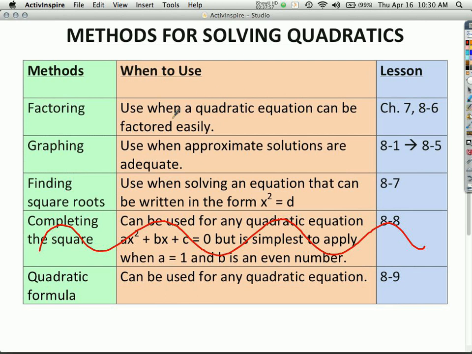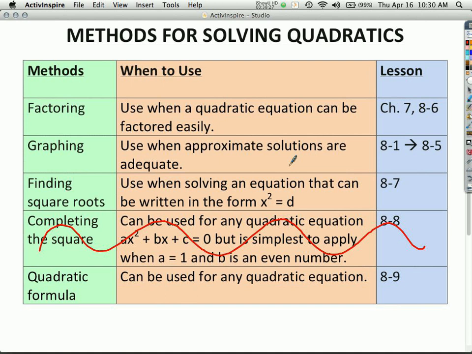If you can recognize that a quadratic can be factored easily, usually if a is 1, then you should factor. Graphing takes a lot of time. It's really only useful if you just need an approximate solution, because sometimes it's hard to actually see where it crosses. And it's also a time-consuming process, so I'm not sure if that's the best approach.